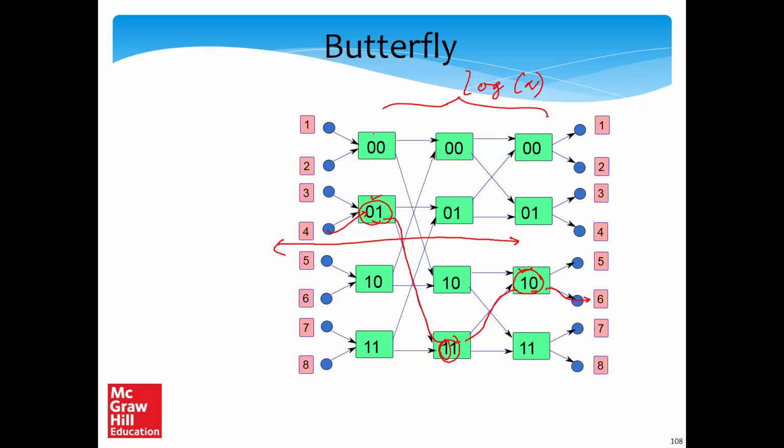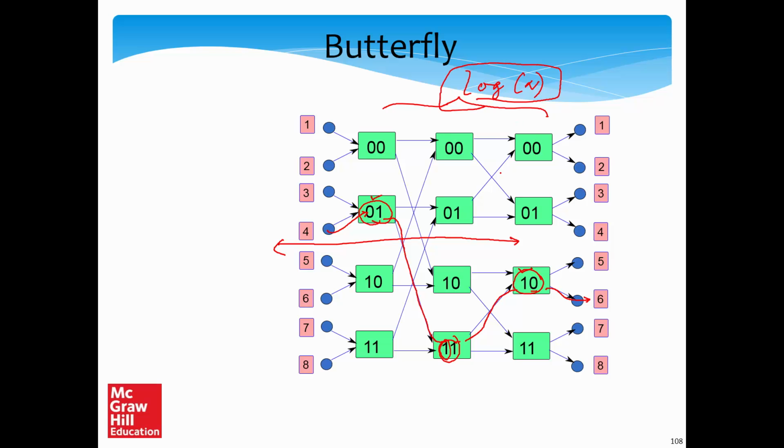The diameter is basically log n, log n plus or minus 1 or 2, depending on how you count. Basically because you have these many columns, and in every step we go from column i to column i plus 1, and the number of columns of switches is limited to log n.